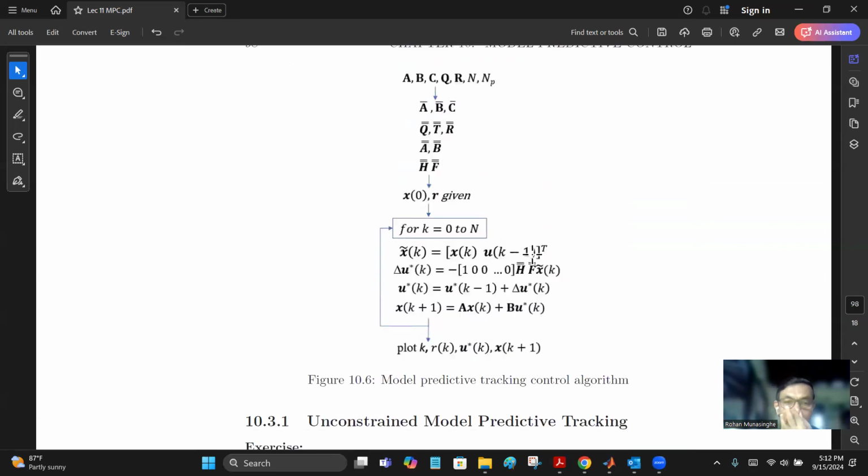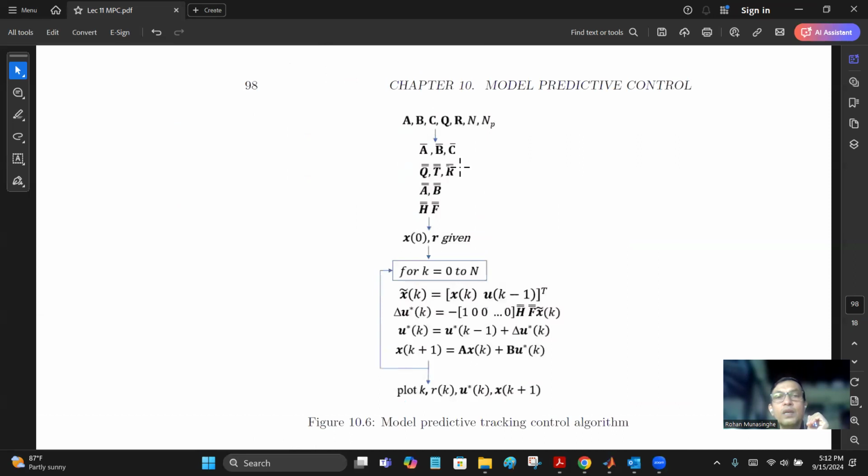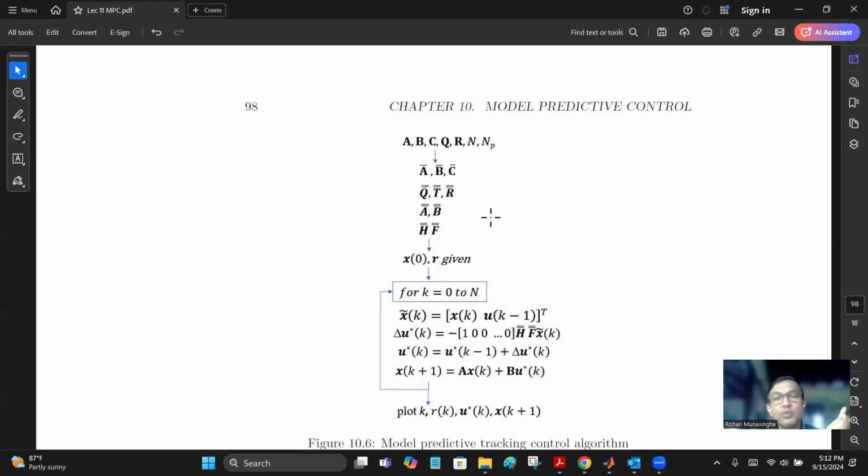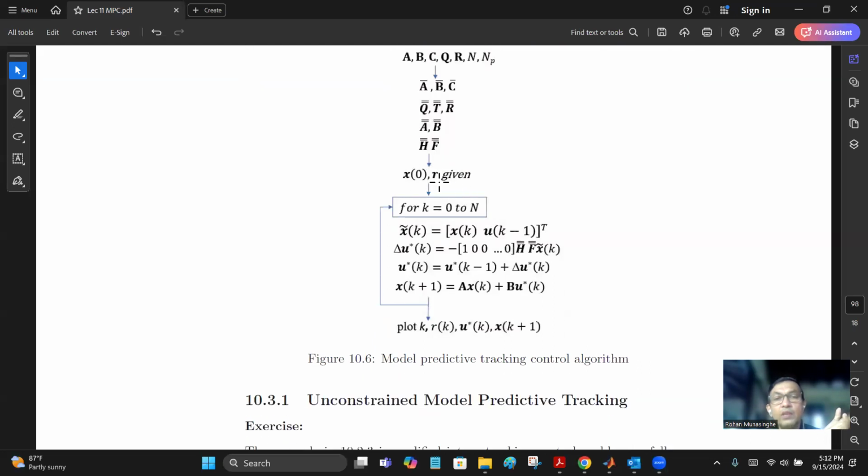So this is the model predictive tracking control algorithm. We start off with A, B, C, Q, R, N, and P, same as before, and you do this computation. All of these matrices should be computed offline, and then you enter the feedback loop, where you calculate X tilde using the present state and the previous controls together, and you compute the optimal differential control sequence using this equation.